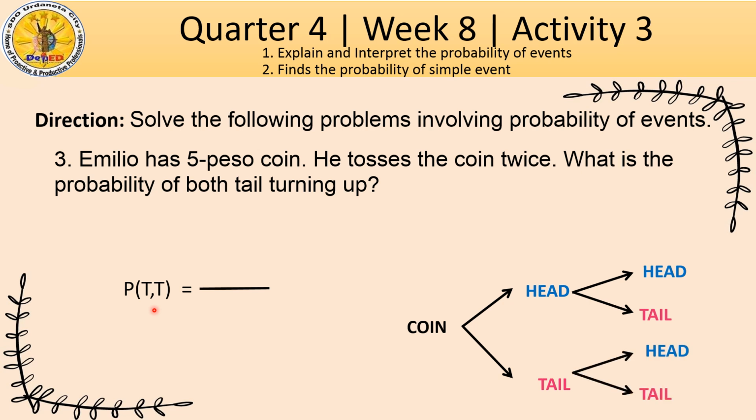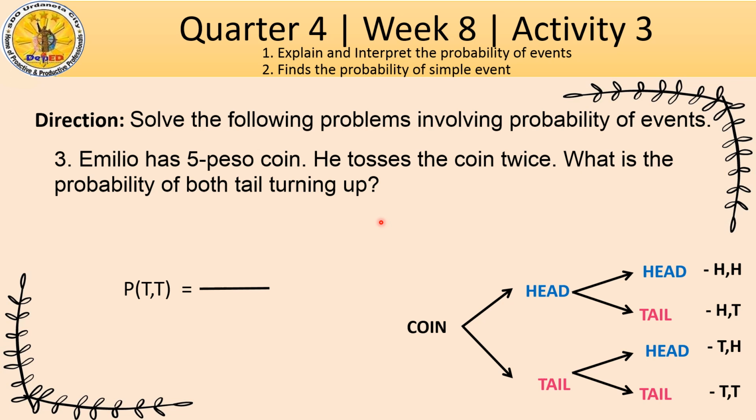So, in tossing a coin twice, these are the possible outcomes. It can be head and head or two heads. It can be head and tail or tail and head. And last, it can be both tail. So, we have 4 possible outcomes in tossing the coin twice.